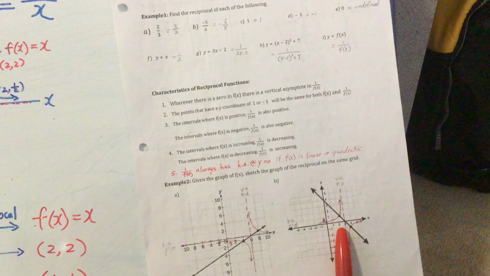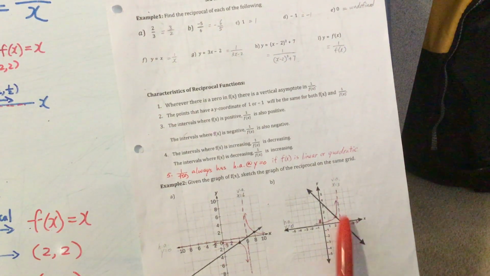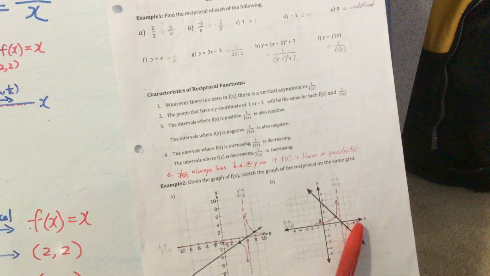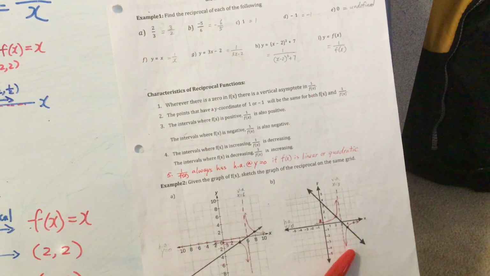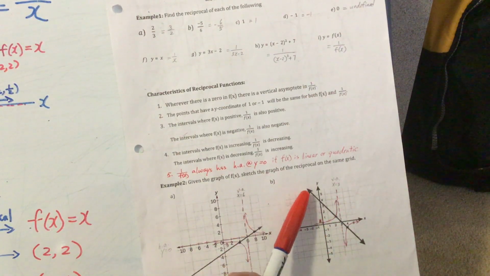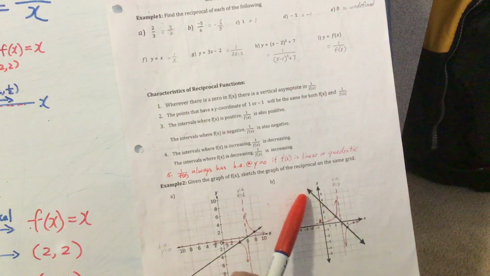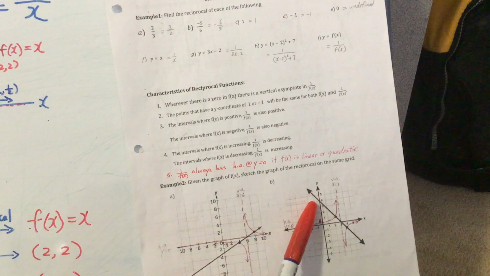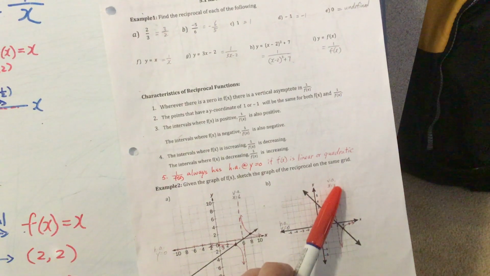And for x greater than 3, my linear is below the x-axis, which is in a negative interval. So I also make sure that my reciprocal stays below the x-axis. And because this linear function has a negative slope, meaning it has an interval of decrease throughout, I want to make sure that my reciprocal only has an interval of increase.